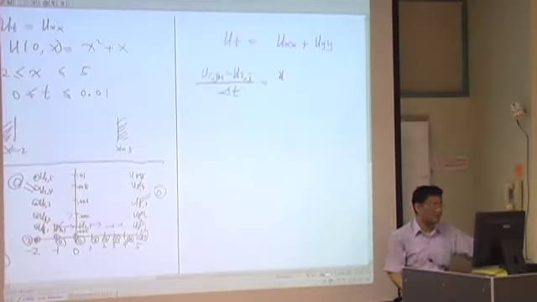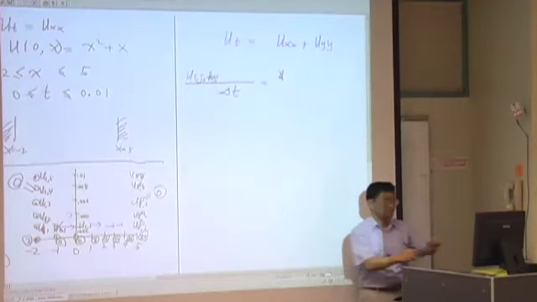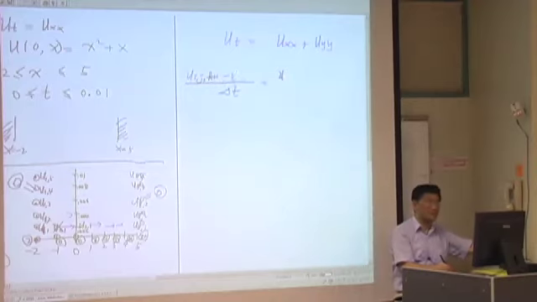So I will add one more number. u_ij represents the spatial variable, and then k represents time, minus u_ij. Do you follow me or not?